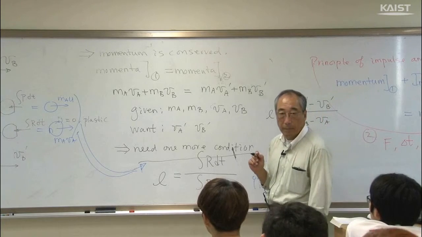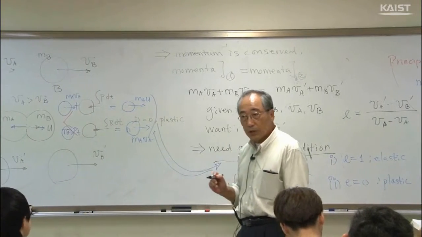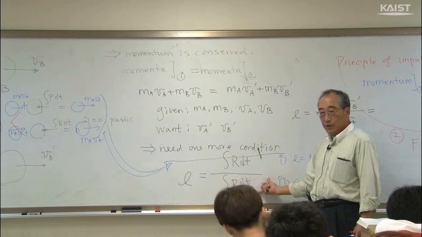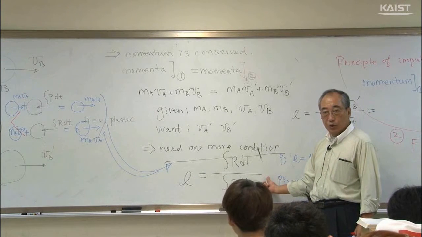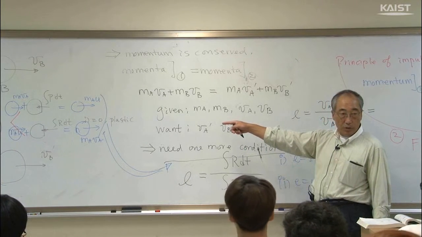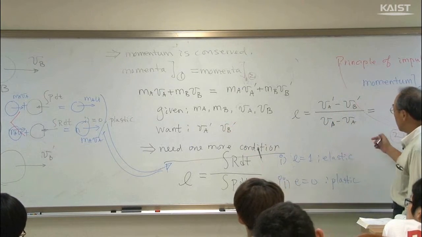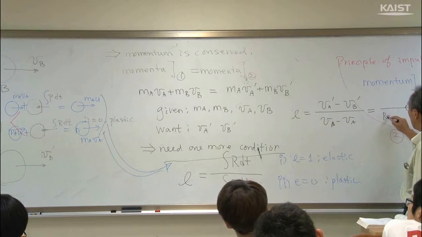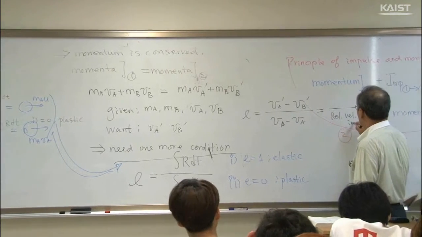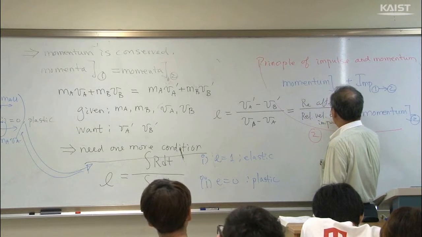The concept of the coefficient of restitution is the ratio between these two forces, but because we look at the details applying the principle of impulse and momentum, we found out this is simply the relative velocity before impact and after impact.